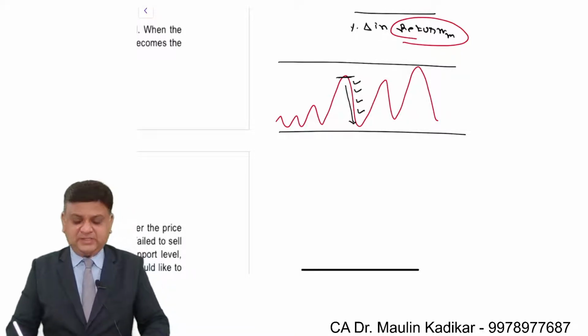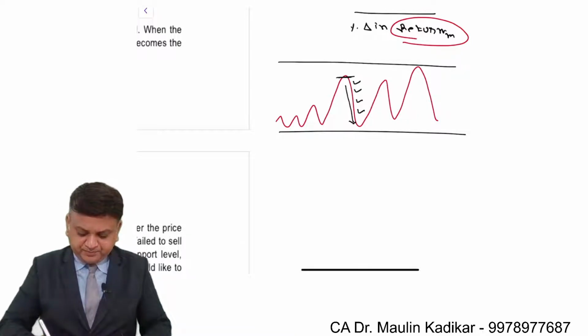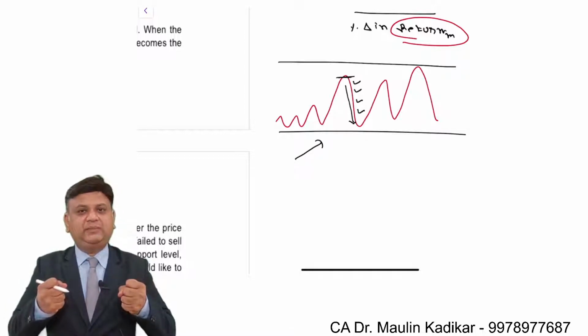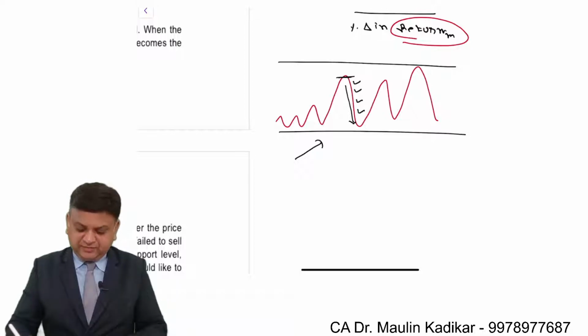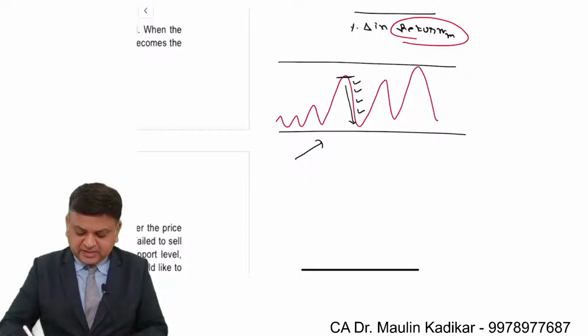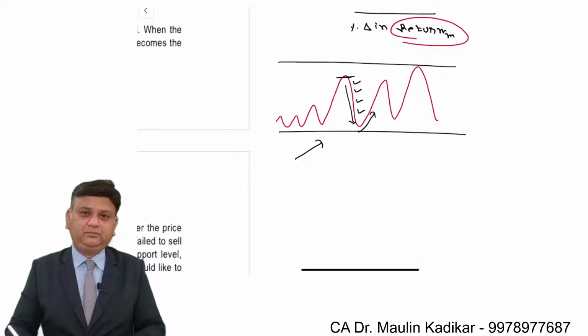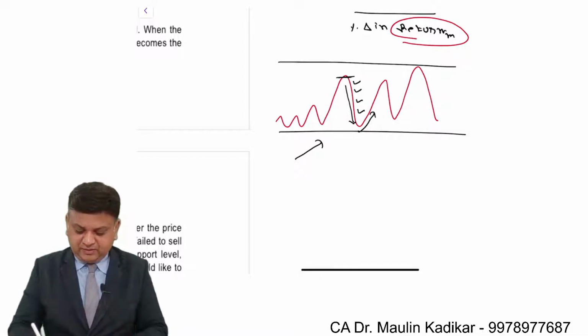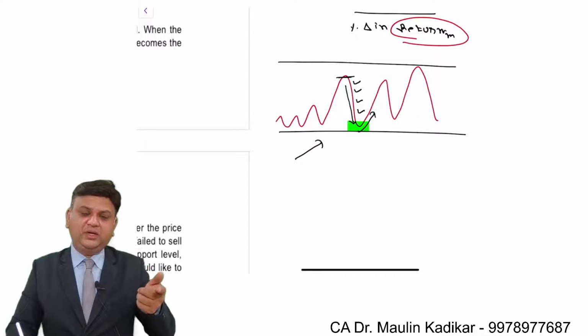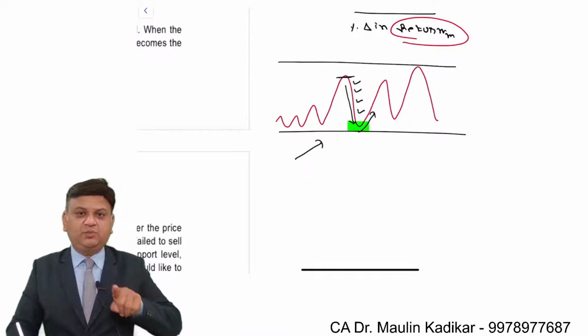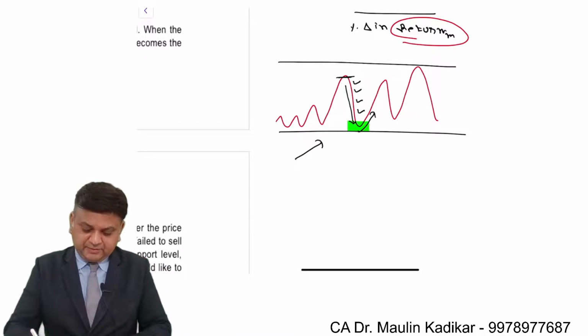So the number of buyers now becomes stronger in the market in comparison to the number of sellers, and because of that, from here the price is moving upward. So this is the support level. We understand that the number of buyers is becoming strong, and because of that the price is now moving up, moving up, moving up.